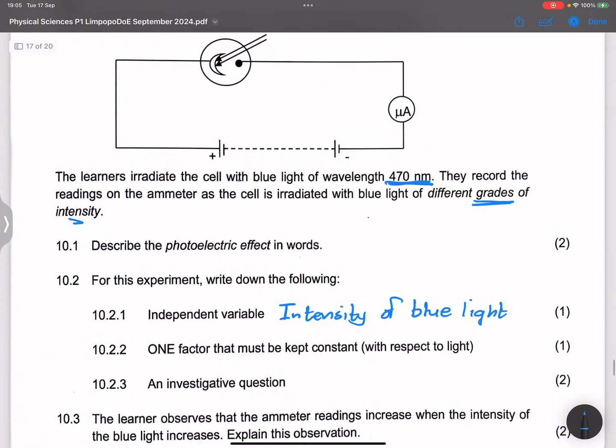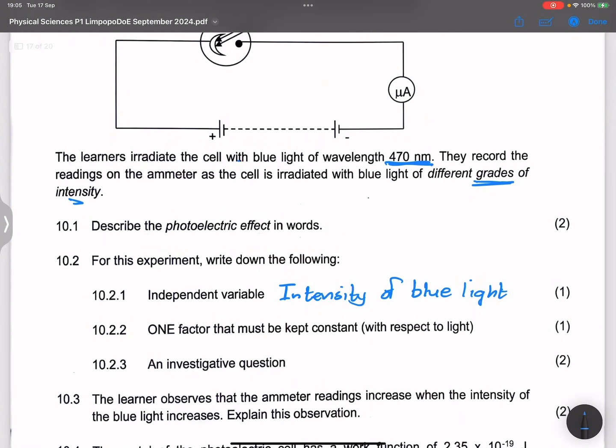Now they say to us one factor that must be kept constant with respect to light. So one thing that we have kept constant would be the frequency, or we can say the wavelength of the light.